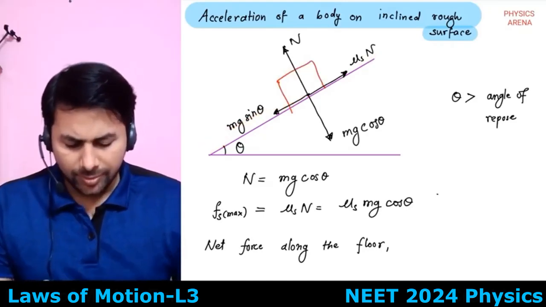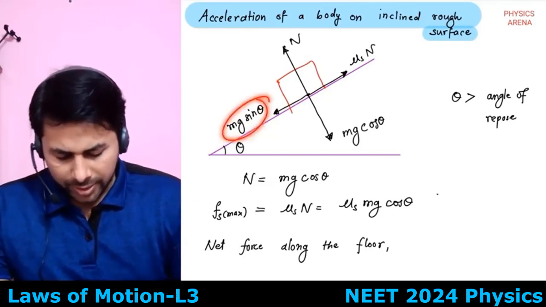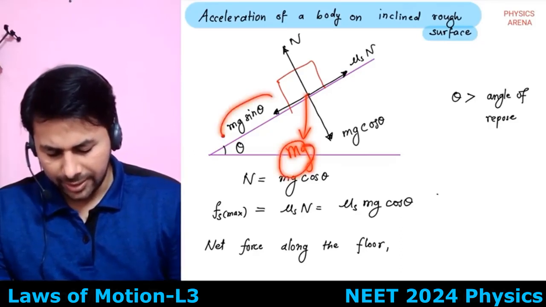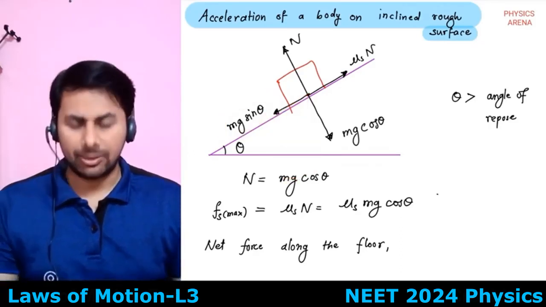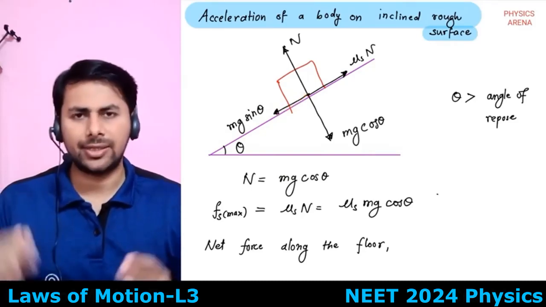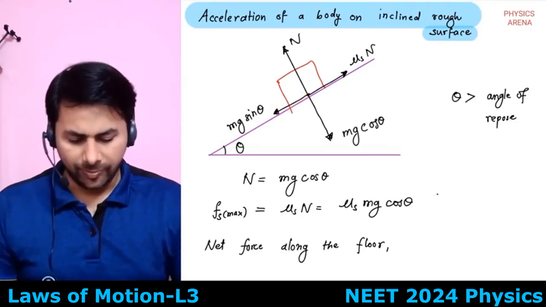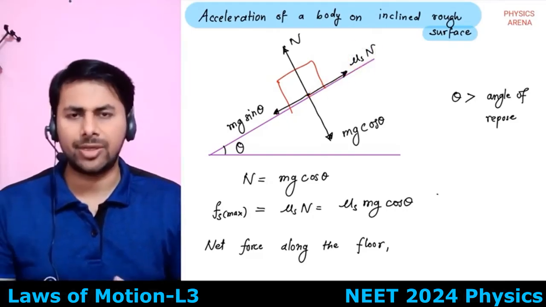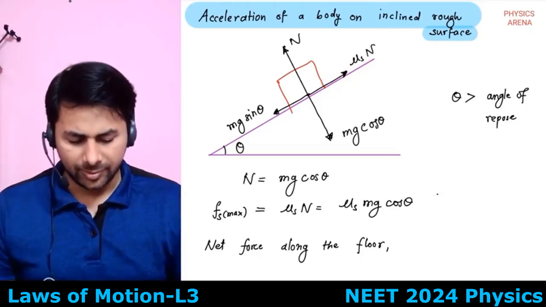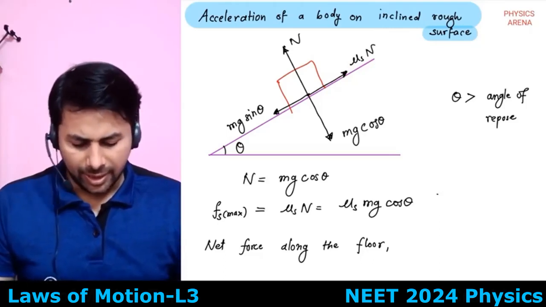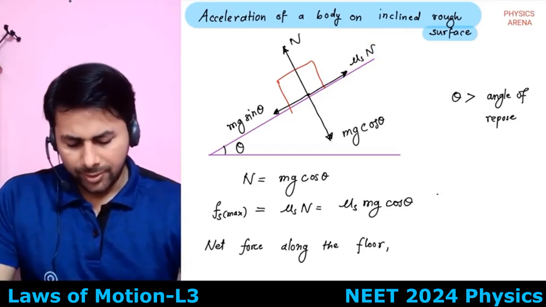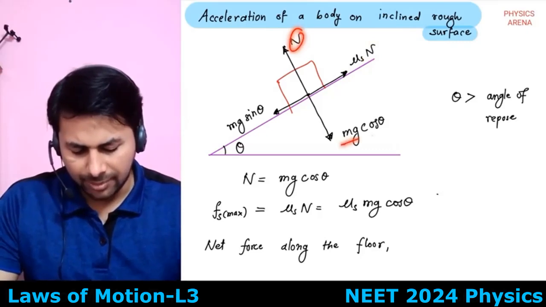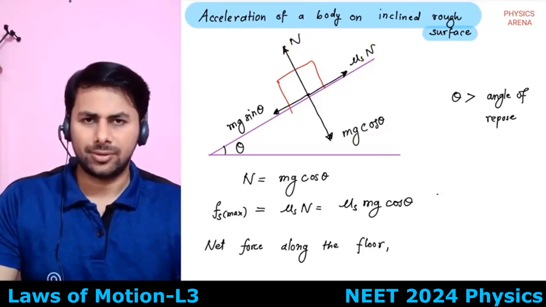There will be some gravitational force mg, and the component of the gravitational force along this surface is mg sin theta. The frictional force acting along the surface is mu s multiplied by N. And how much is N?